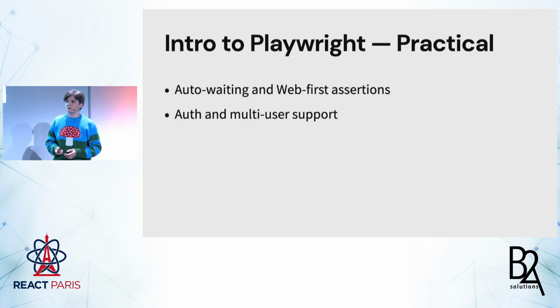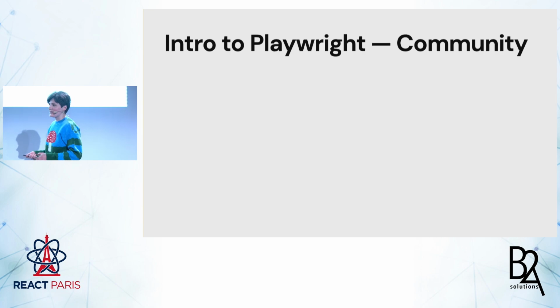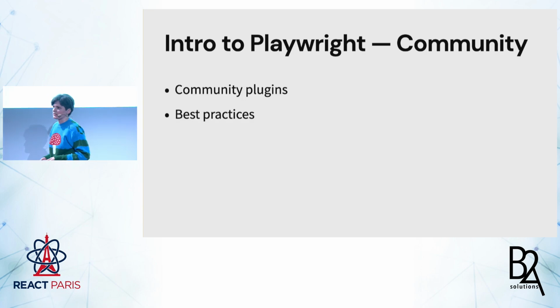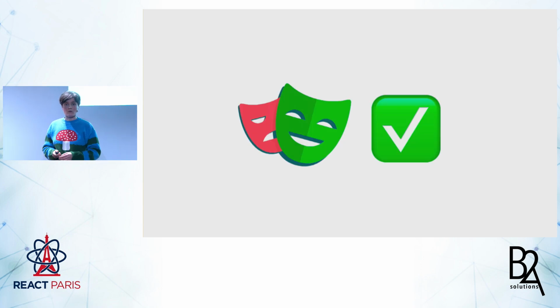Authentication and multi-user support comes out of the box, same with parallelism and sharding when your tests grow large. Finally, Playwright has a great community that provides plugins, best practices, and integrations with other tools. All in all, Playwright checks all the boxes to make testing easy.